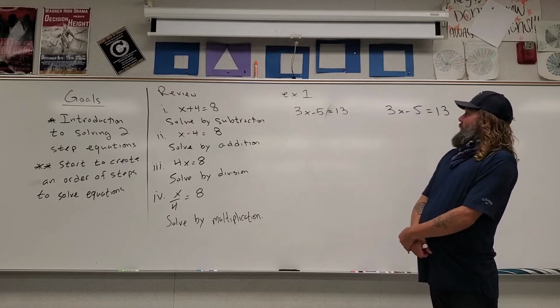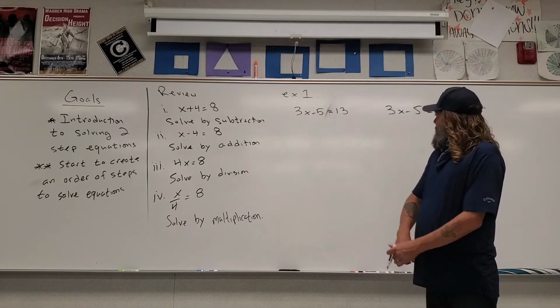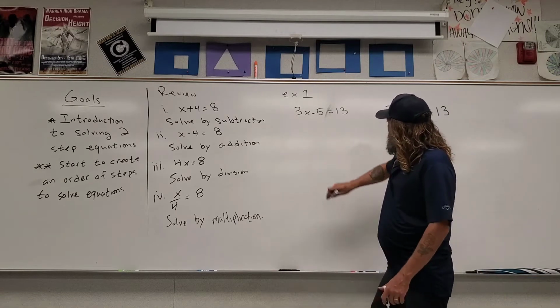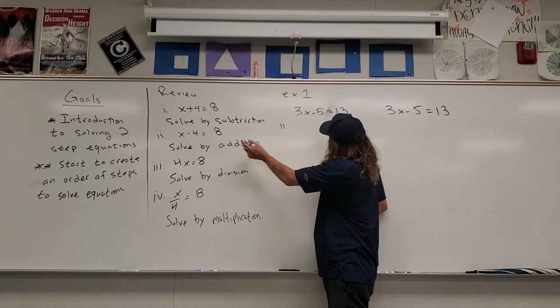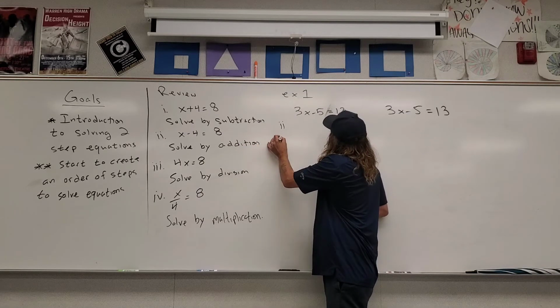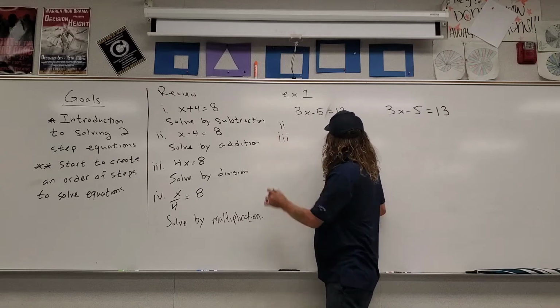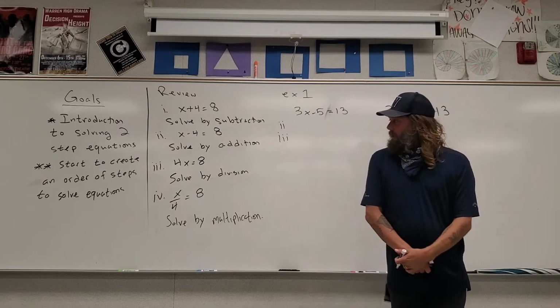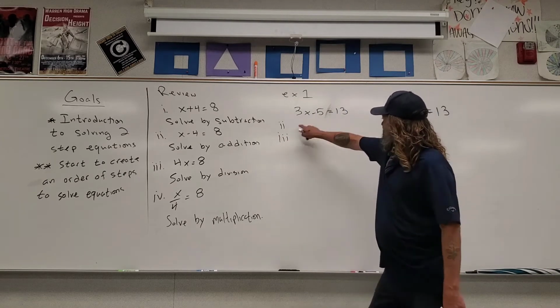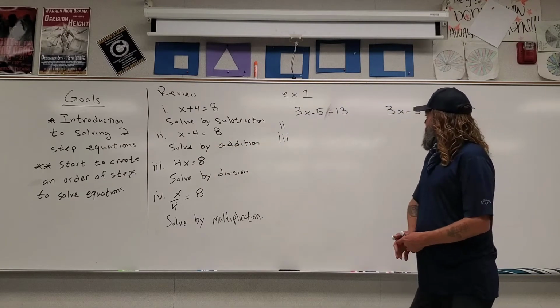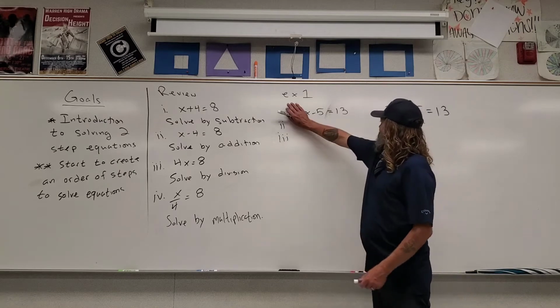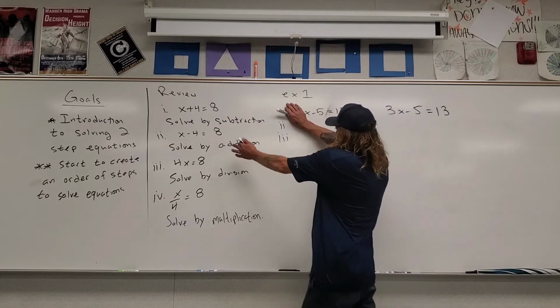Okay, so let's do the first problem by solving by addition first. We're going to do the second type of problem first, and then the division next. Because I have a minus 5, like a minus 4, I'm going to add 5 to both sides. If I just ignore the 3, I would really have a problem like this.